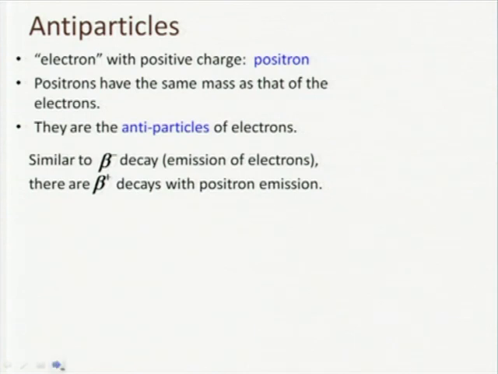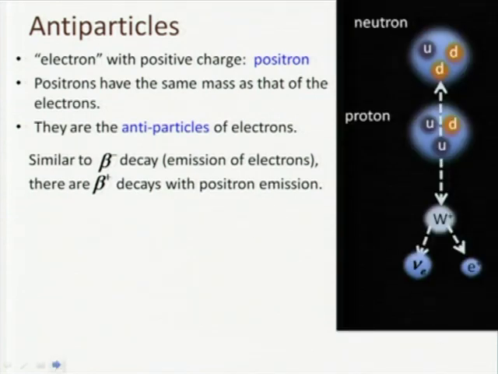Similar to this, there is what is called the beta plus decay, in which you start with a proton, and a proton is converted into a neutron and a W plus. Look at the charge again.